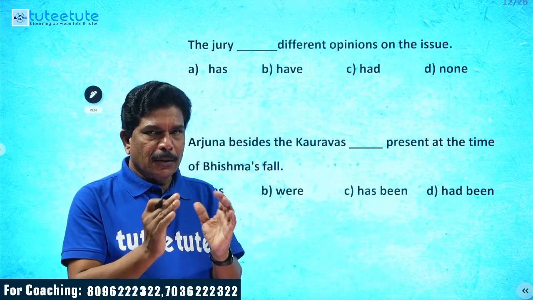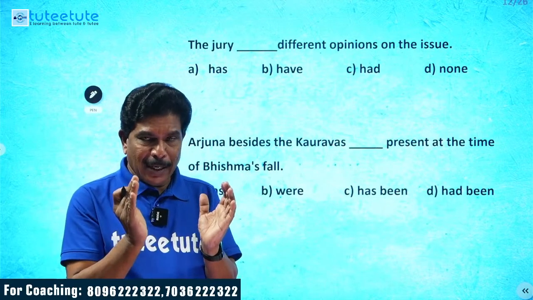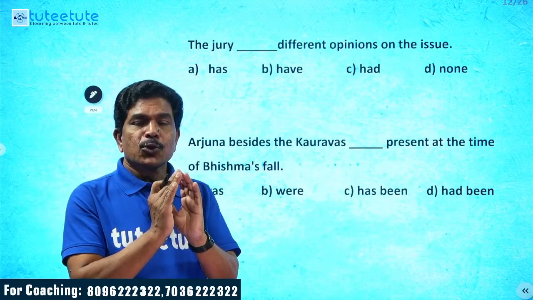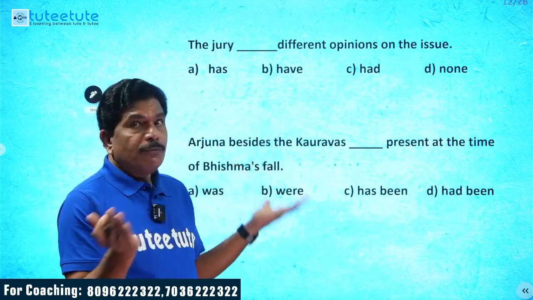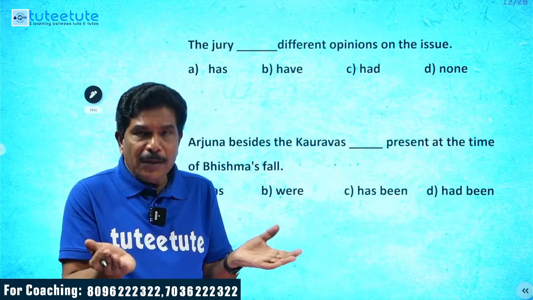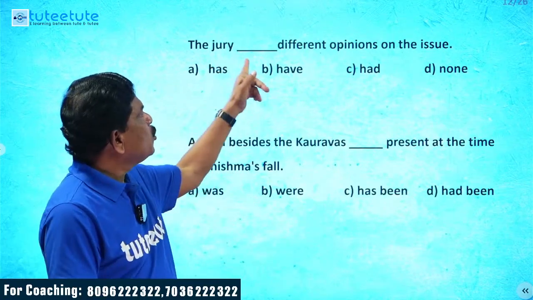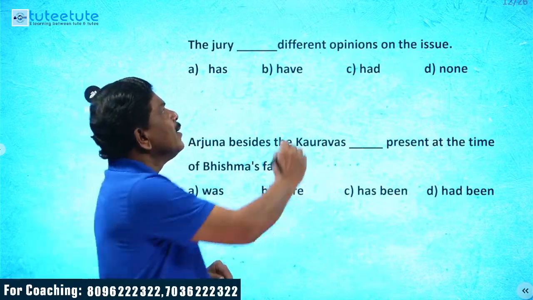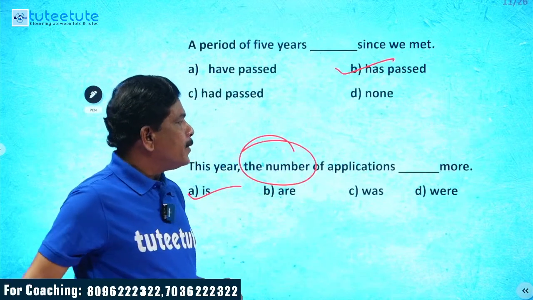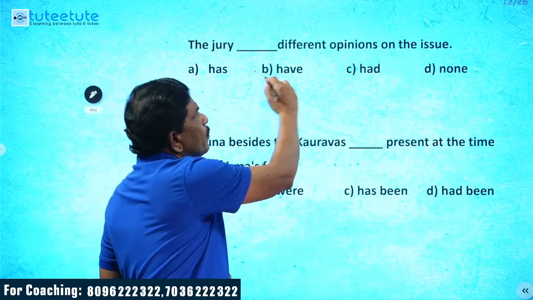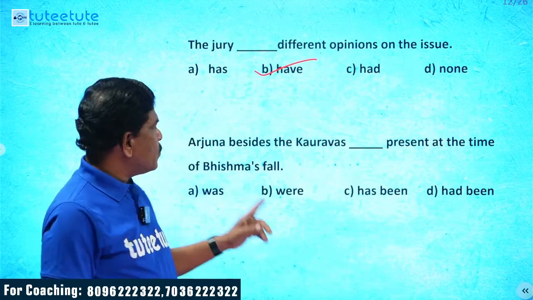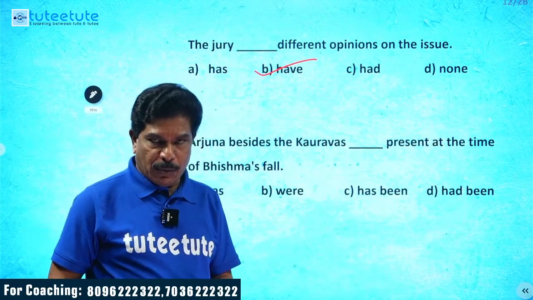If you consider jury as a single unit, there is no meaning in considering different opinions. Different opinions are always held by different people. Therefore, jury have different opinions.